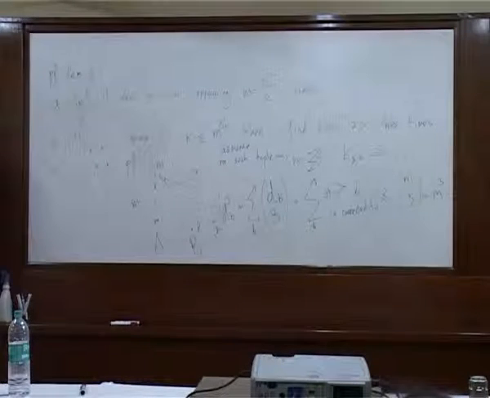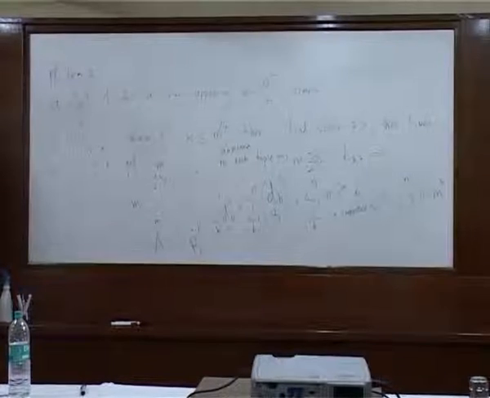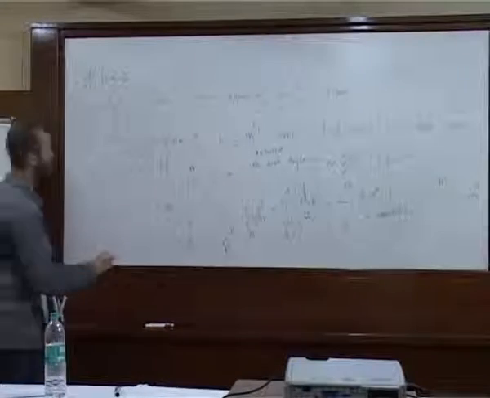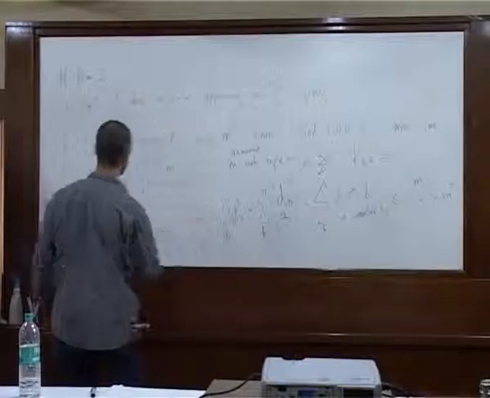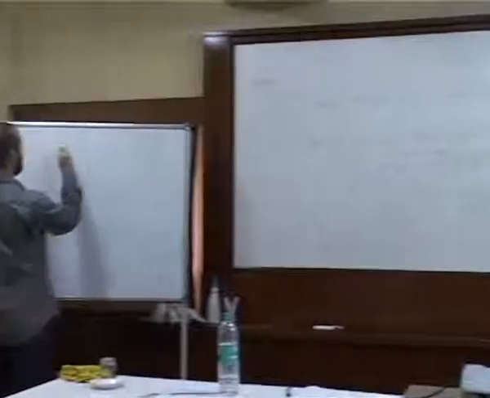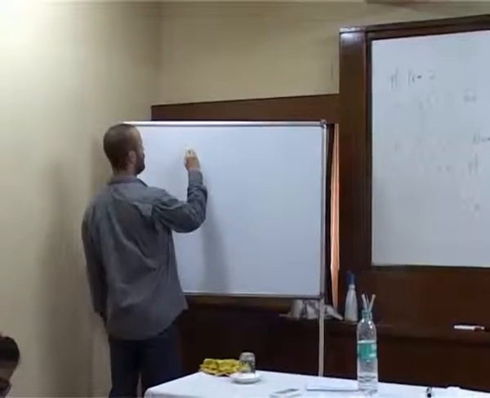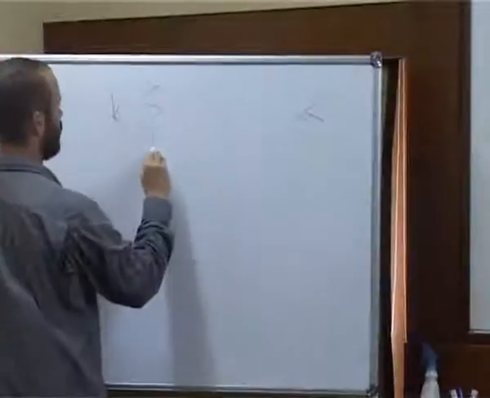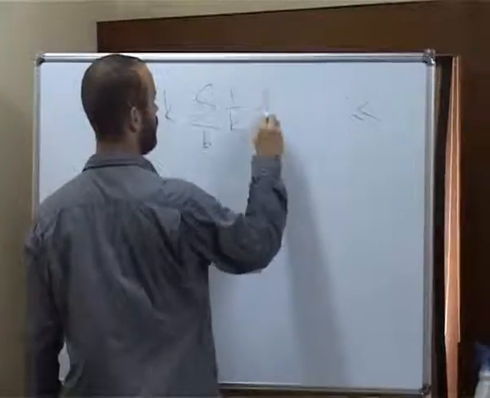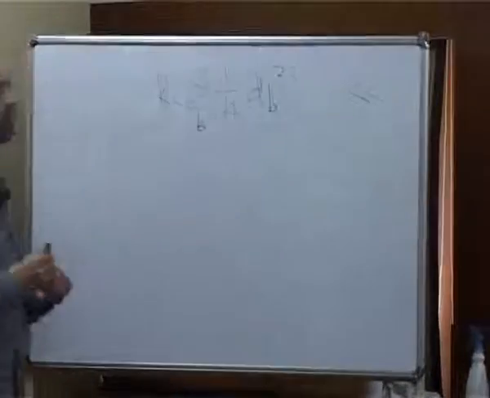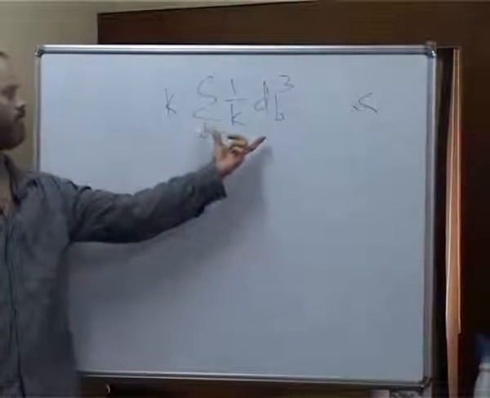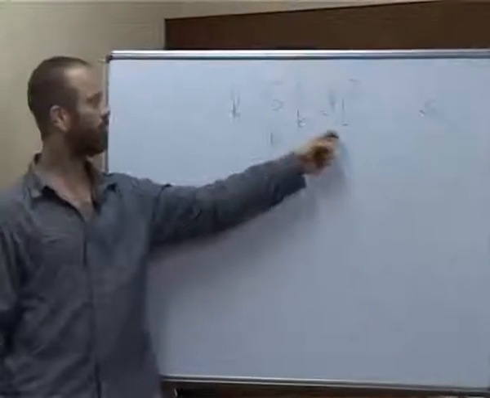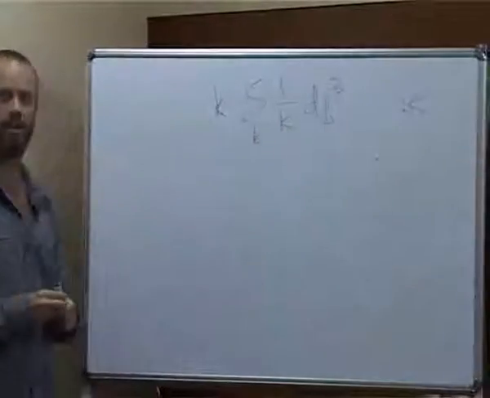So I will write it first like this so it will be clearer. There are k colors. I wrote it like this so that this will be an average of something to the power of 3.